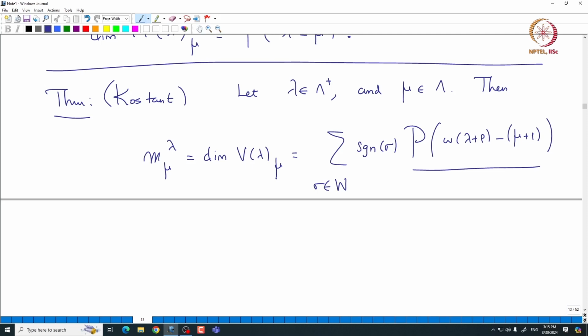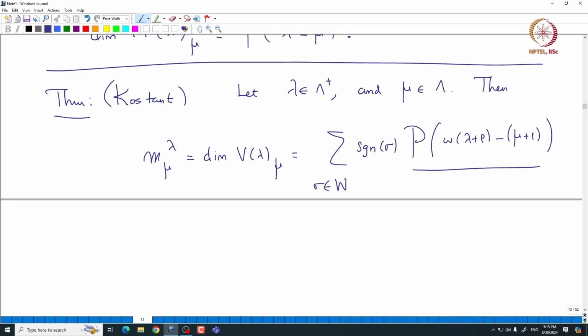Otherwise, this difference will not lie in Q plus, so you can just assume it to be 0. But in practice, the Weyl group grows very big. For example, type E8 has some 696,000 plus elements, so using this Kostant formula it will be very difficult to compute the multiplicity.